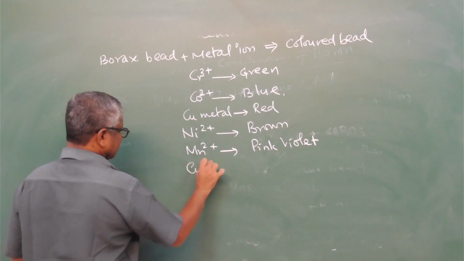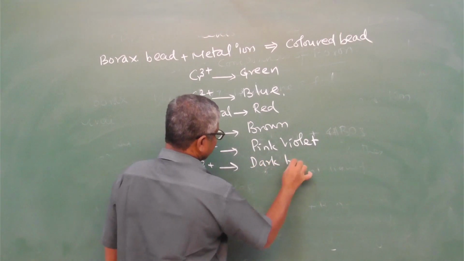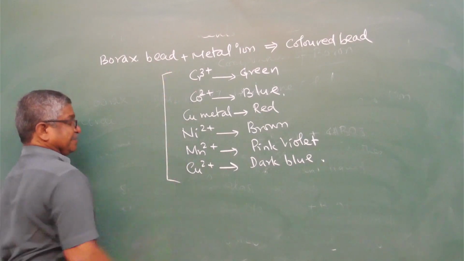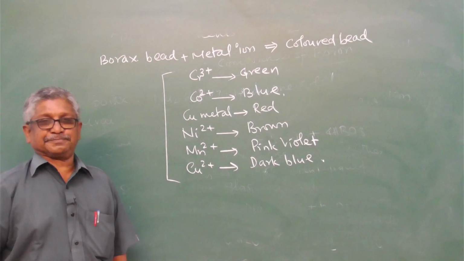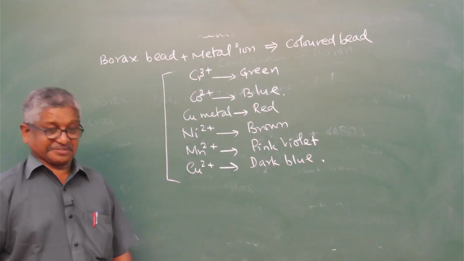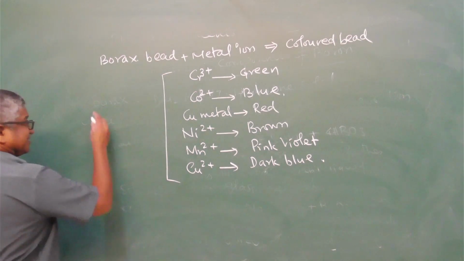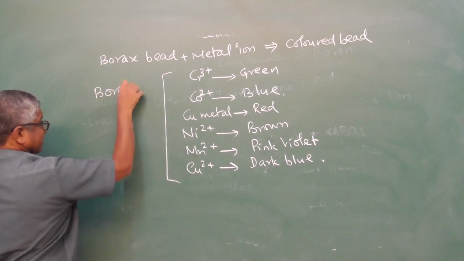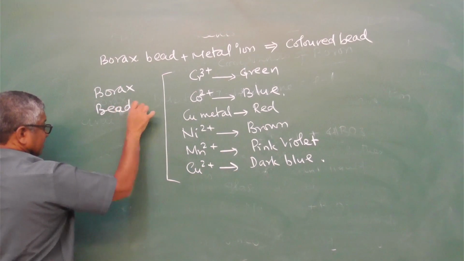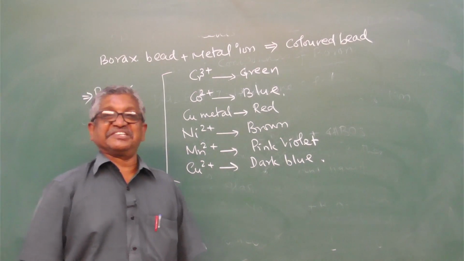Then copper 2 plus is responsible for giving dark blue color. These are the colors imparted by these metal ions on the glass-like material borax bead. This is called the borax bead test.